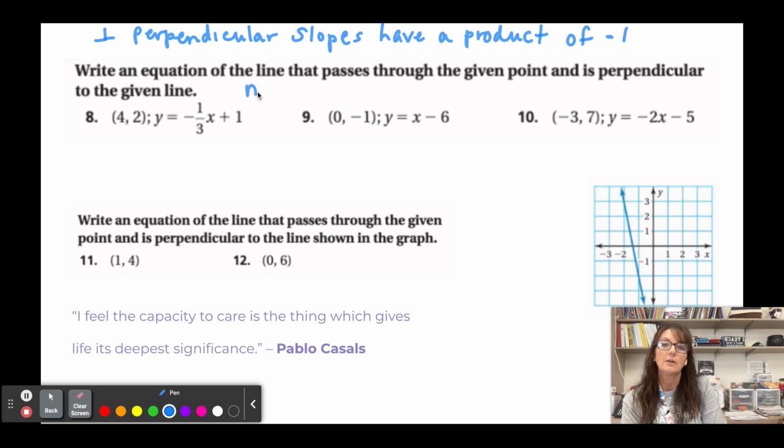Otherwise put, they are negative reciprocals of each other, okay? So that means that if this is a -1/3, then the perpendicular slope would be a positive 3, because -1/3 times 3 is -1. So y minus 2 is equal to 3 times the quantity x minus 4.